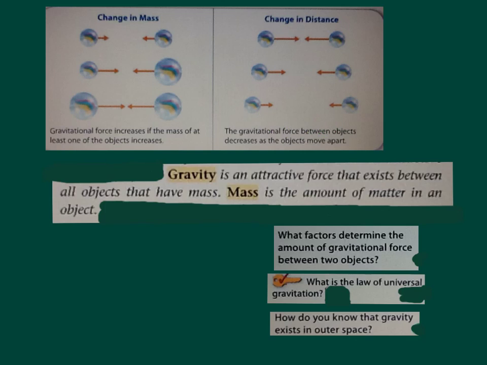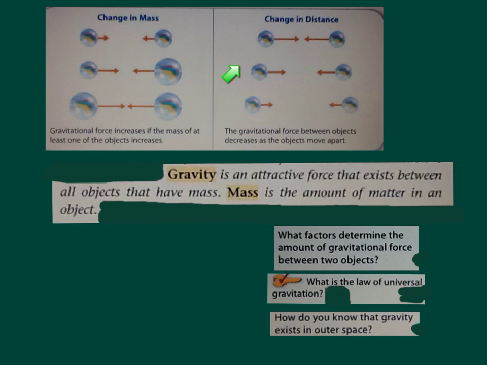Okay, so let's take a look at this diagram here. You'll notice that all of the objects that are here are the same size. So we're not talking about mass, we're talking about the same size, and this one deals with distance. If you take a look at this first diagram, you'll notice that the two objects are fairly close together, and the force between the two of them is this distance.